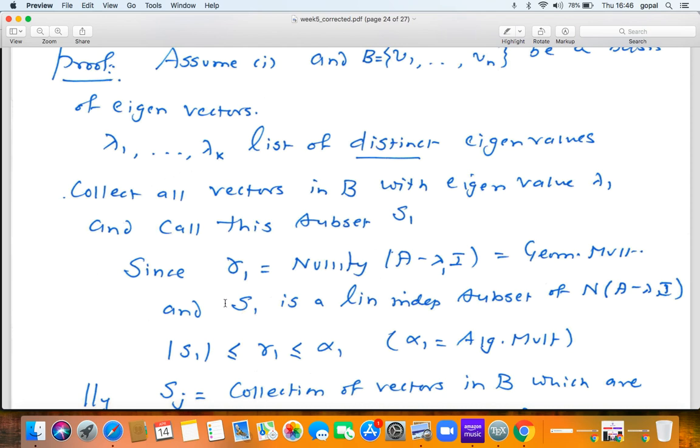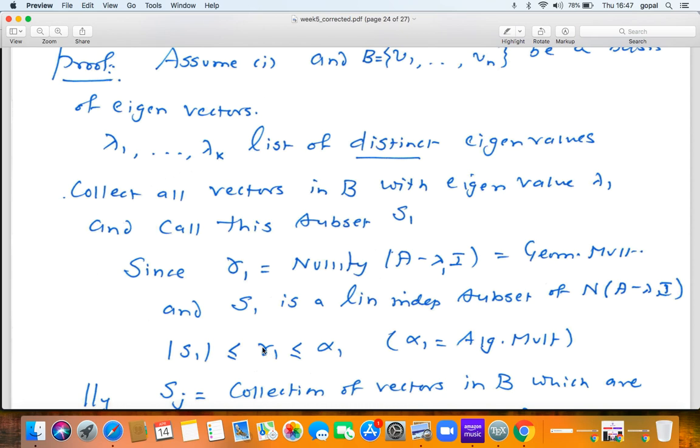And so this number of elements will be less than or equal to gamma 1, the dimension of this space. S1 consists of a bunch of linearly independent elements in the null space, and the nullity is the dimension of the null space. And so the number of elements in this linearly independent set S1 must be less than or equal to the dimension. So the cardinality of S1 is less than or equal to gamma 1.